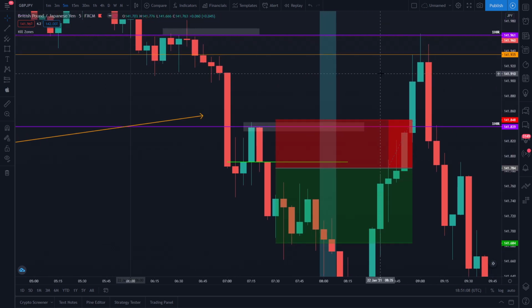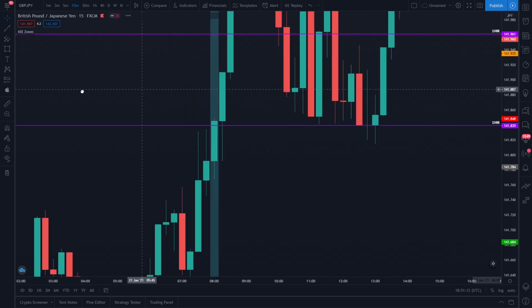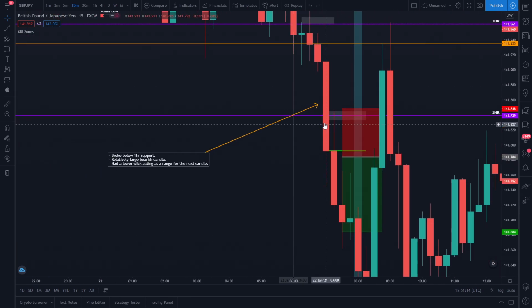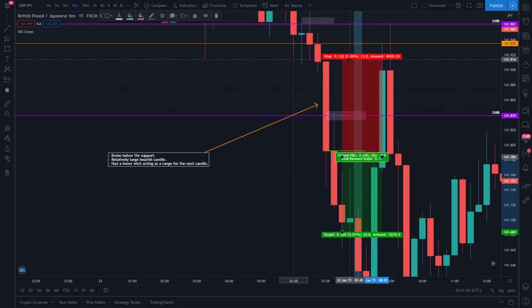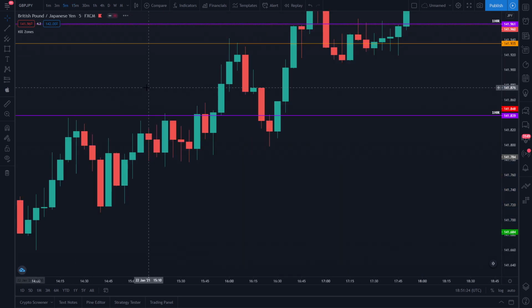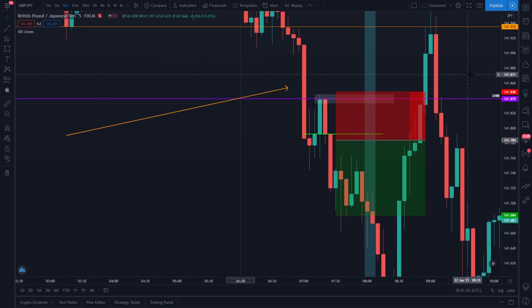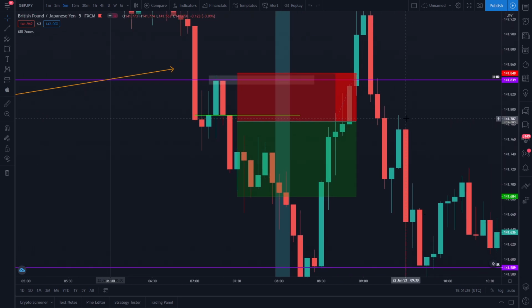So basically your idea is set on a sell straight away. Once this 15-minute candle closes below here with a wick, you're basically saying, yeah, I want to take a sell. But on this candle, if you wanted to keep your stop loss above here, it's not great, 13 pips. So all we're doing here is reducing our stop loss size and therefore increasing our risk to reward by looking for this resistance forming.